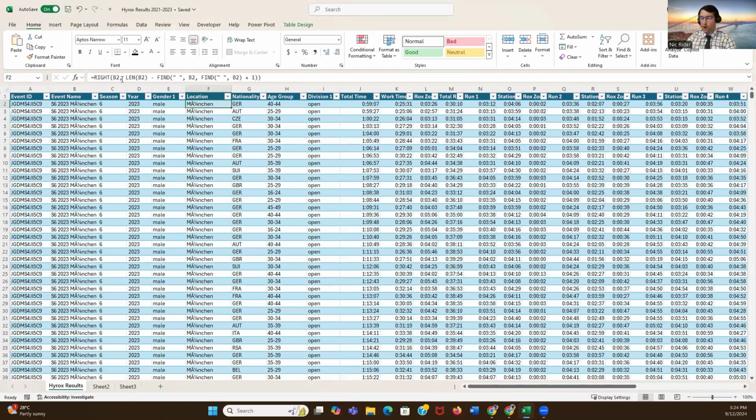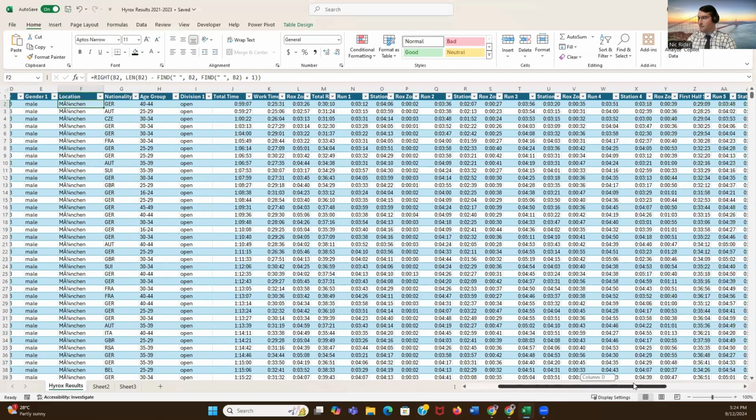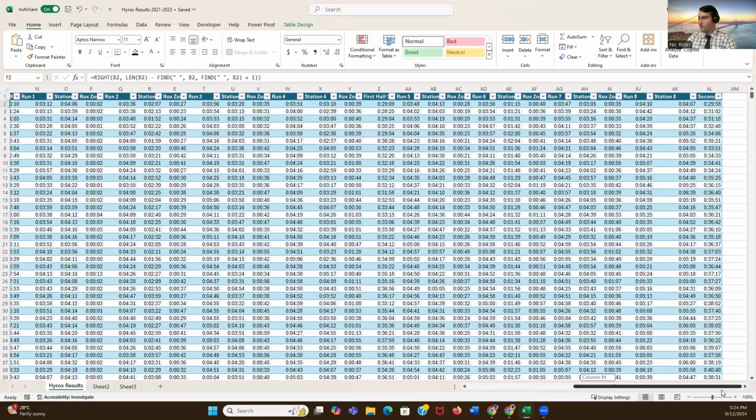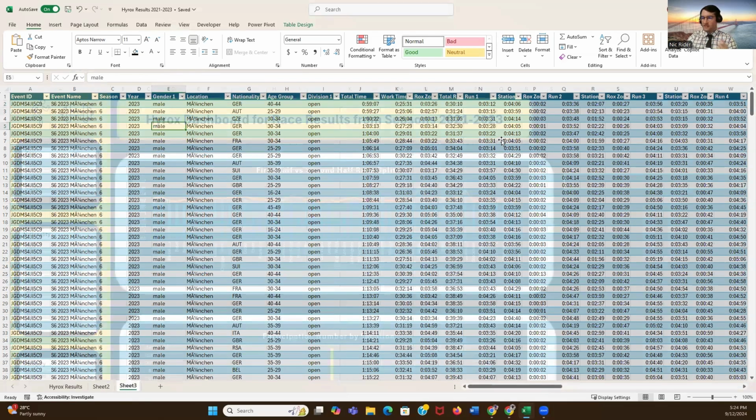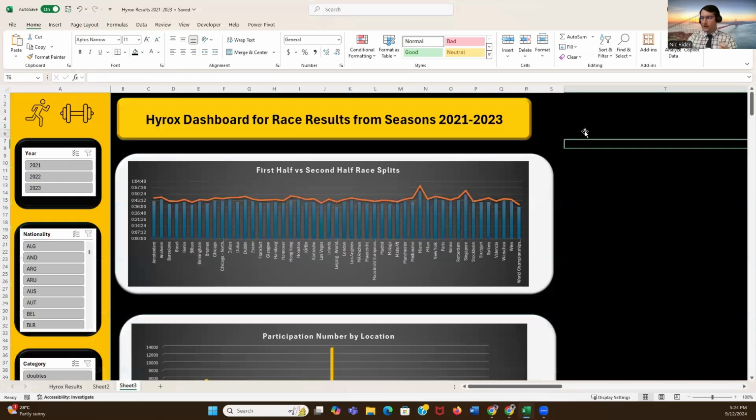So we've used a RIGHT function, a LEN and a FIND to extract the location from the event name. I also added up the totals for the first and second halves, so just summed the first half and the second half, to see if there were any negative splits at any of the different major events between 2021 and 2023. Now we're going to go over to the dashboard on the screen.